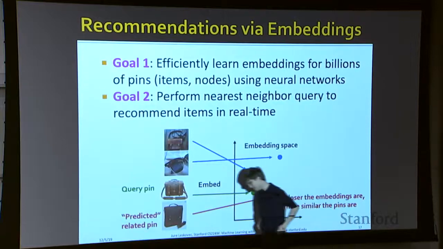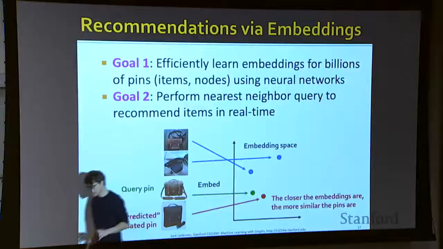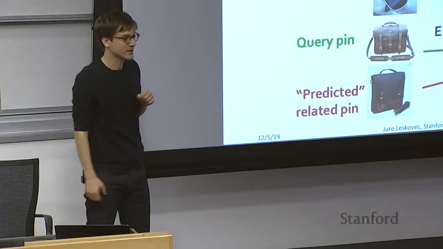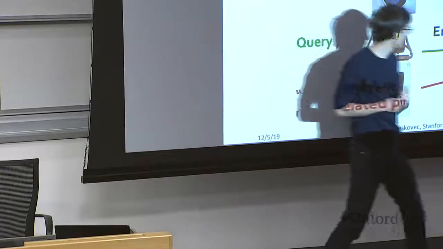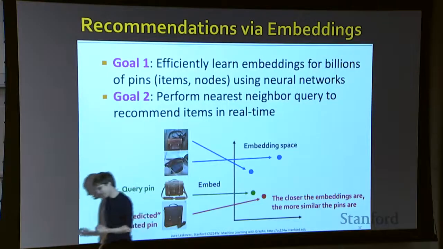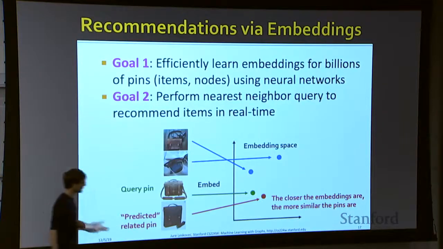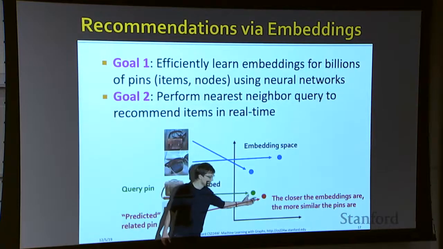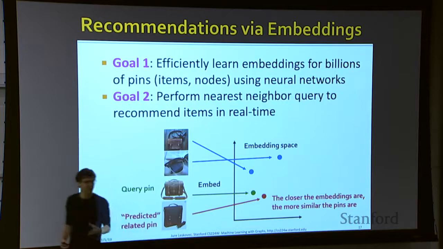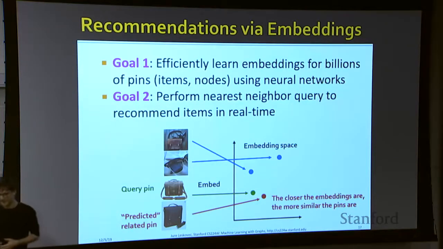If you want to know how to do this super fast, you should take my class next quarter. It's a method called locality-sensitive hashing that allows you to do this in constant time. And that's what powers everything. You need this kind of nearest neighbor search in high dimensions whenever you are doing anything with embeddings, and without that, embeddings are useless.